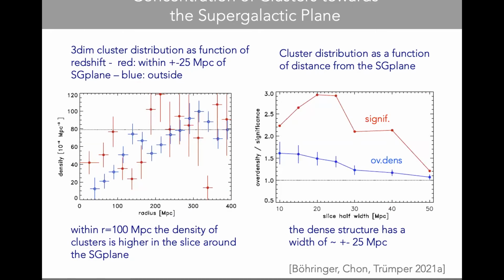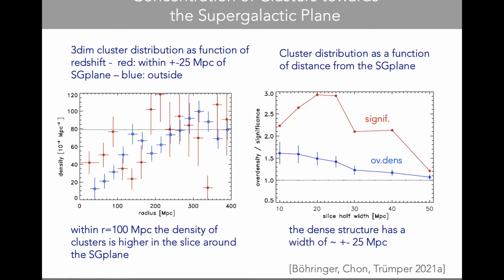Then we look at how far it goes, and we have a slice now, which is plus minus 20 megaparsec around the supergalactic plane, and we look at the galaxy cluster density in the supergalactic plane, and that's shown in red. And then the cluster density outside the supergalactic plane is shown in blue. We can see, of course, both are diving down nearby, but that is just our underdensity traced again.